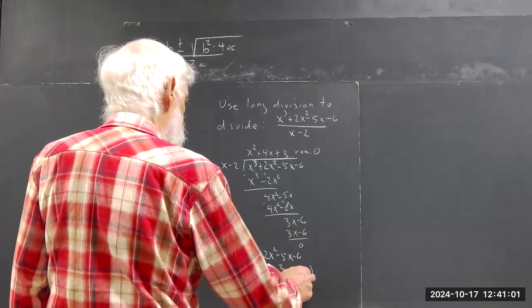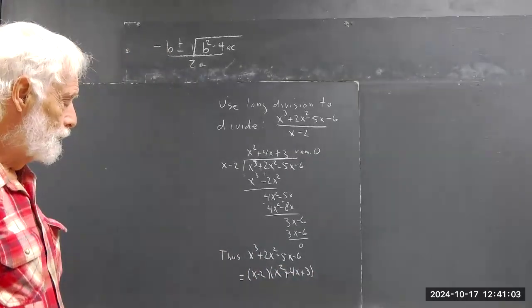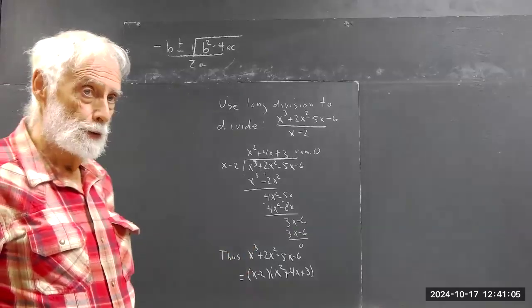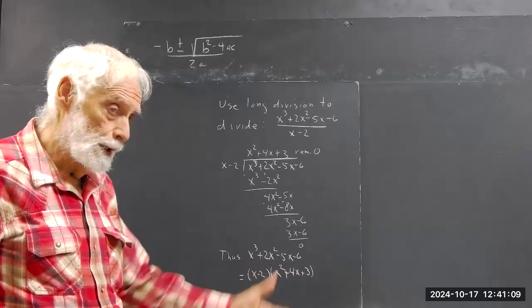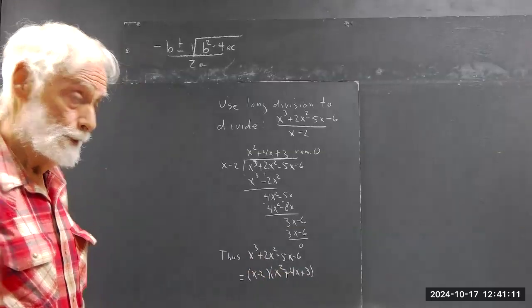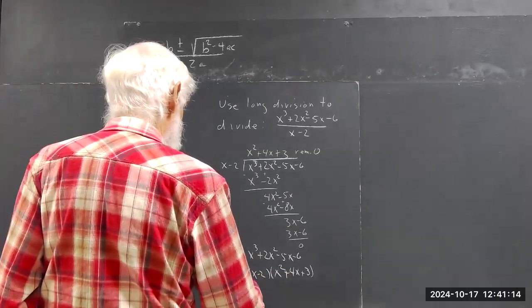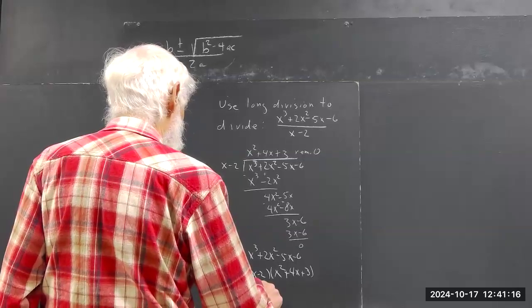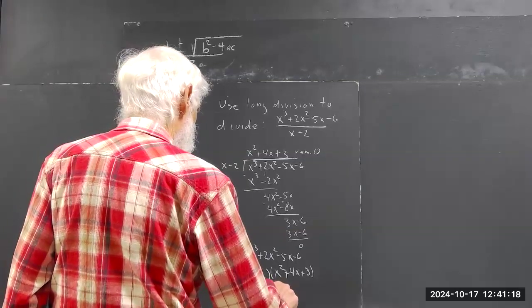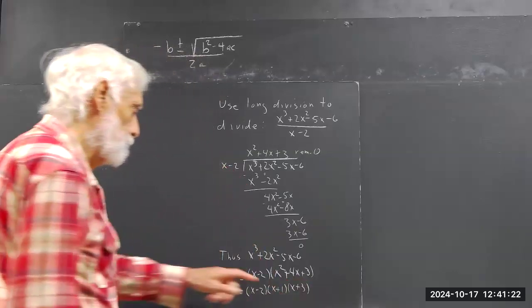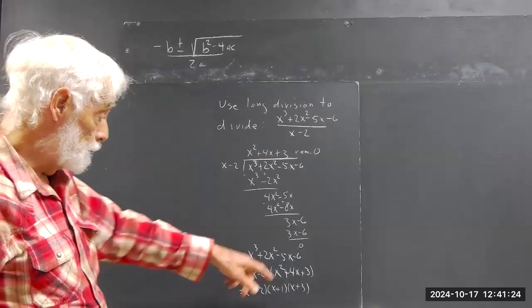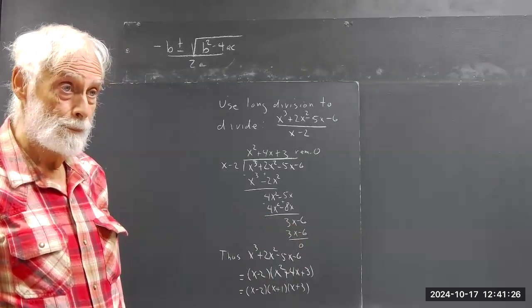What about x squared plus 4x plus 3? Does that have any zeros of note? Well, hopefully you know how to factor that. X plus 1 times x plus 3 gives you x squared plus 4x plus 3.